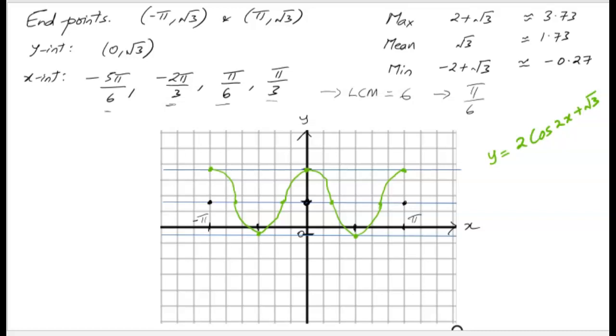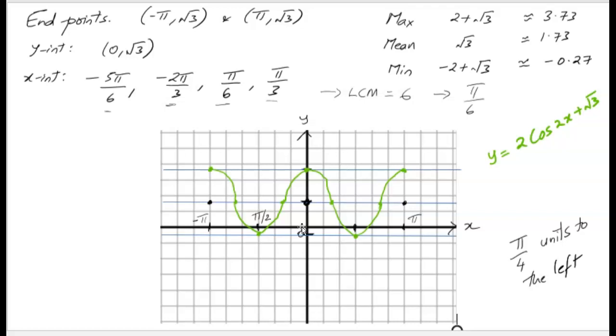Now let's talk about our x-intercepts. So x-intercepts are going to be marked here. Now before I get to the x-intercepts, let's talk about the horizontal shift. Horizontal shift is pi on 4 units to the left. So pi on 4 units to the left, which means now that point there is equal to pi on 2.